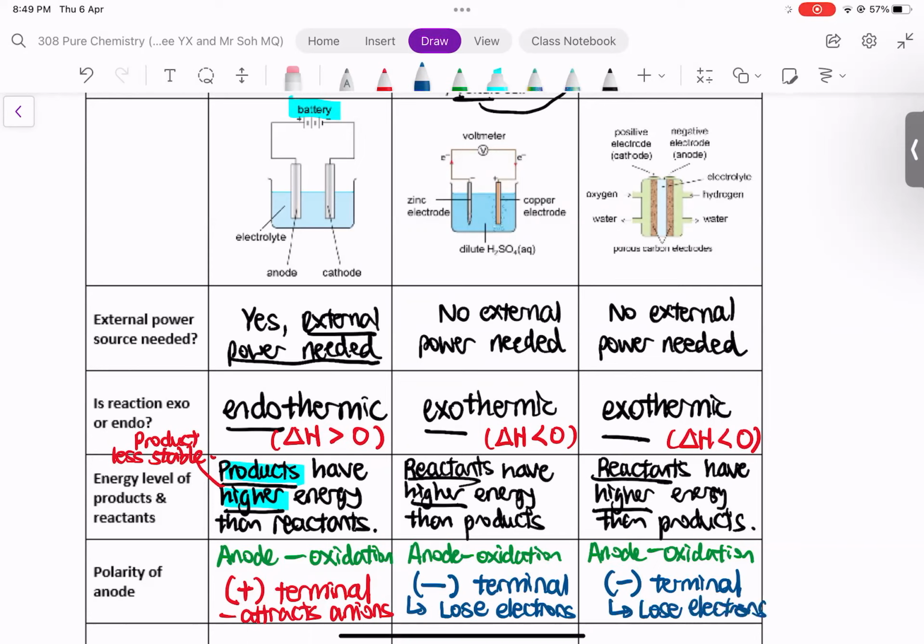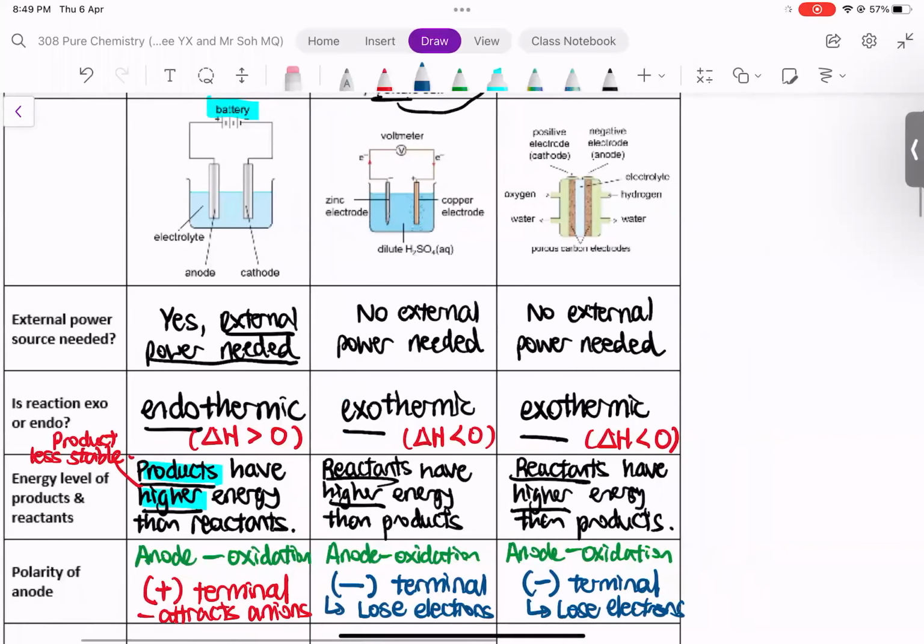And because oxidation is a loss of electrons, this is where electrons are being lost. Electrons are being produced, right? Loss of electrons means, let's say, for example, zinc loses electrons. Zinc loses electrons means the half equation looks like this.